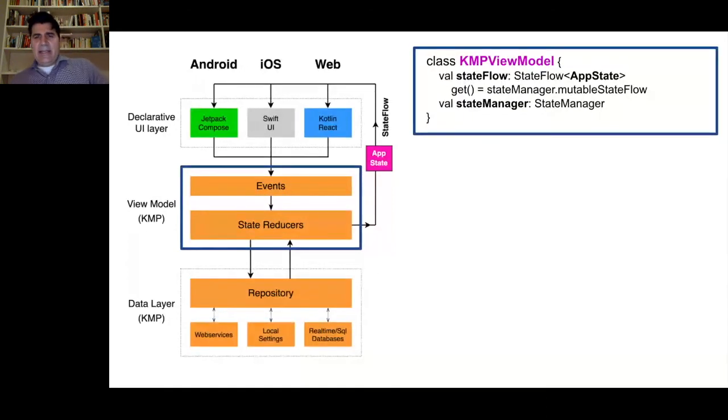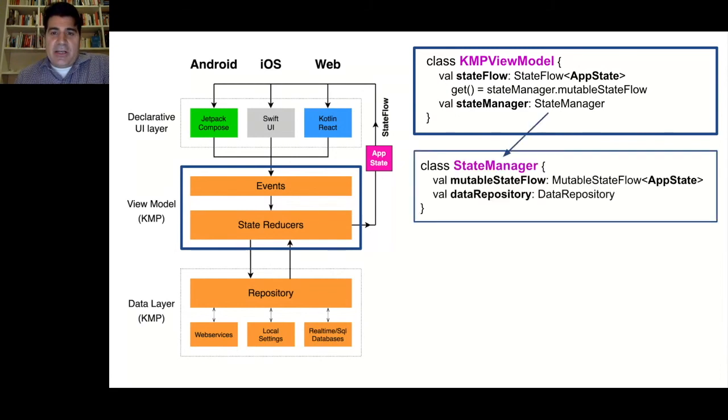And as you can see here, the StateFlow is a computed property, only with the getter and not a setter. This is because, by definition, MVI needs to deal only with immutable data. But of course, we should be able to make modifications to the StateFlow. And we do that by introducing a different element, the state manager.